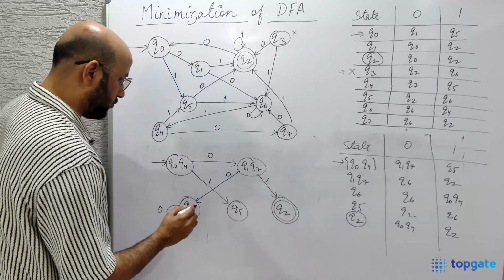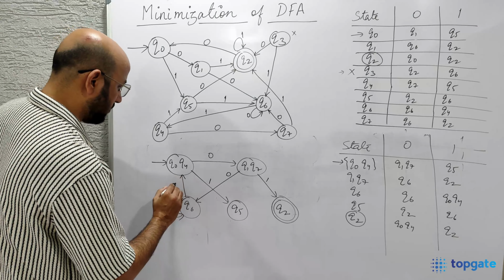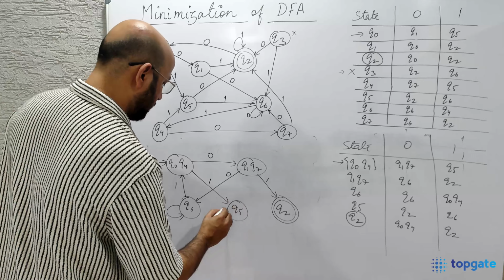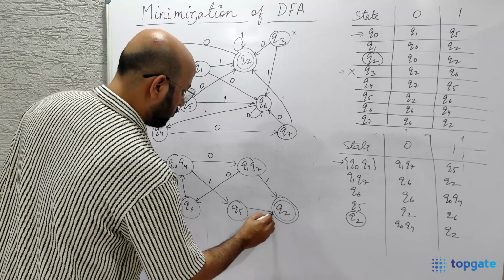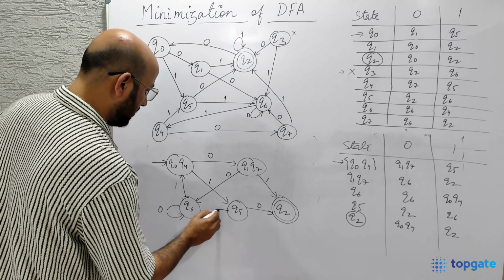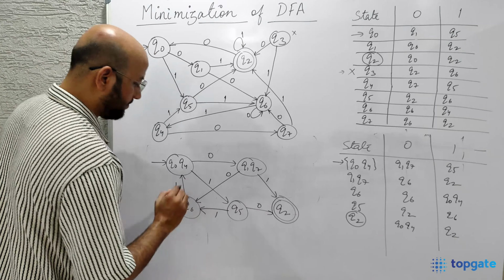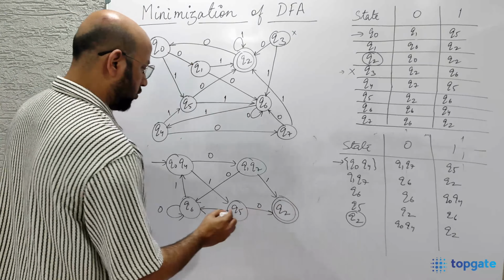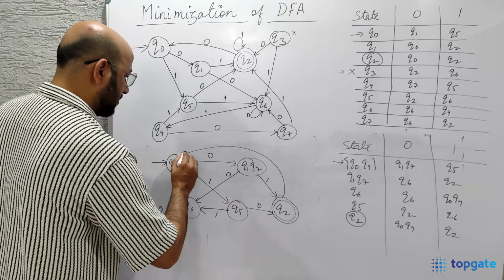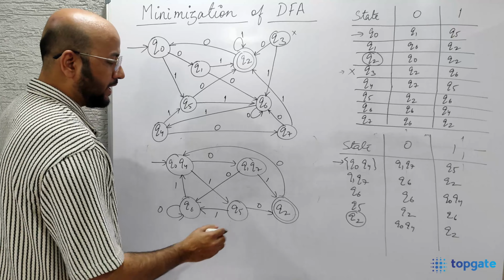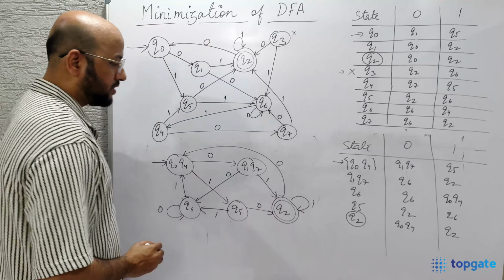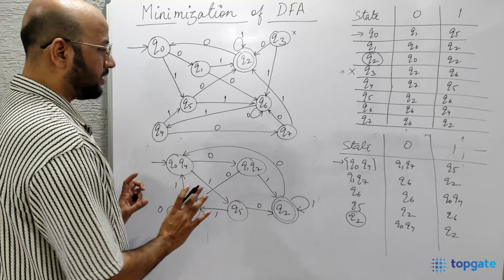Q6 to Q0, Q4 with 1. Then Q5 to Q2 with 0, and Q5 to Q6 with 1. Clear? And Q2 to Q0, Q4 with 0, and Q2 to Q2 with 1. So this becomes my final DFA.